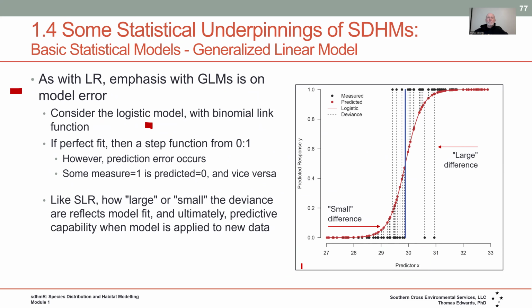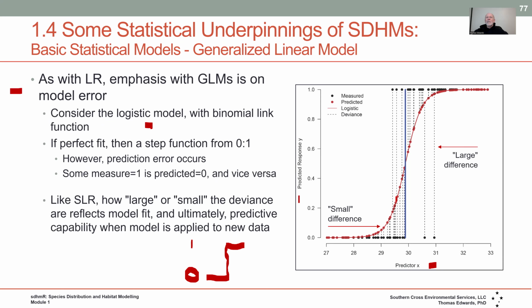Now, a perfect fit, I don't want to mess up my graph yet, is going to be an absolutely perfect step function from 1 to a 0 down here. However, we have error. So what we have here is a predictor X and a predicted response Y. And notice this curve, the red right here.